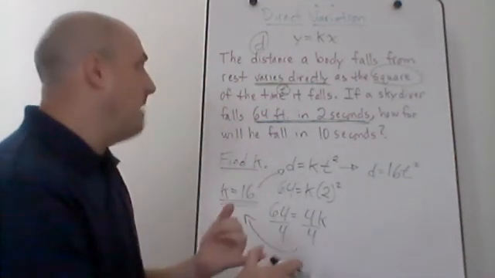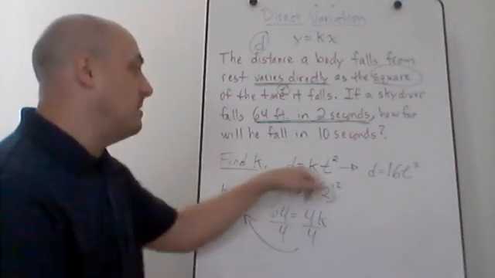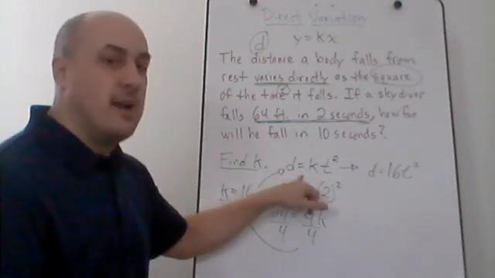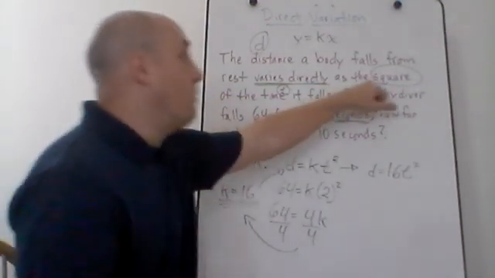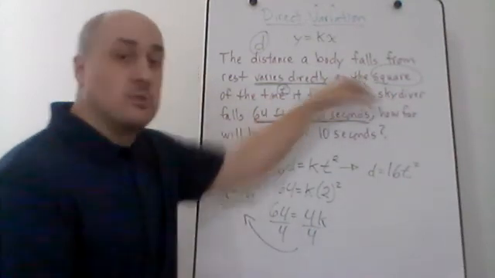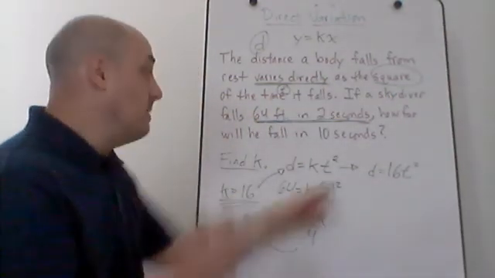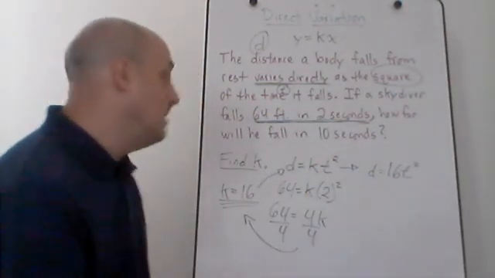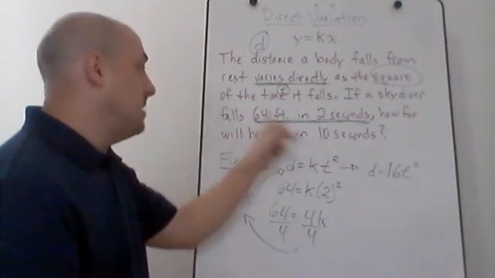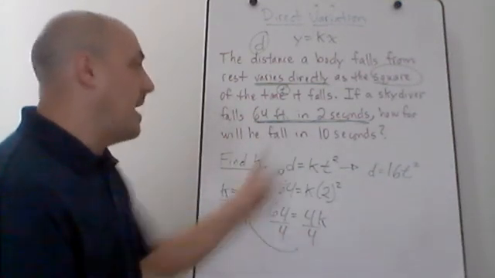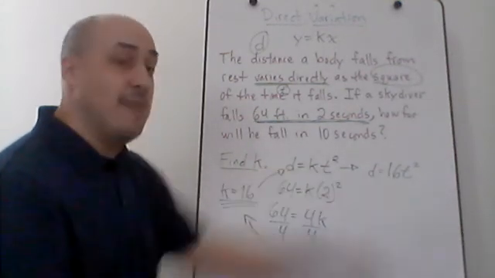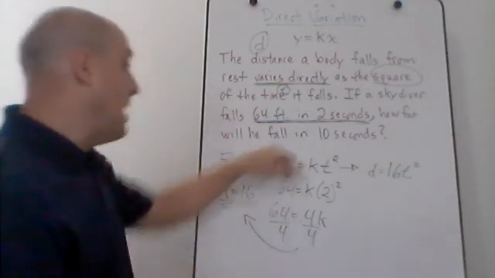Again, identify what type of variation it is, set up the basic formula, make sure you use variables that are appropriate, look for squares or square roots or cubes or things like that, so that if you have to raise these to powers, you're aware of that. Plug in the numbers they give you, 64 feet in 2 seconds, solve for k, rewrite the equation with that k value in there. Now I'm ready to actually answer the question.